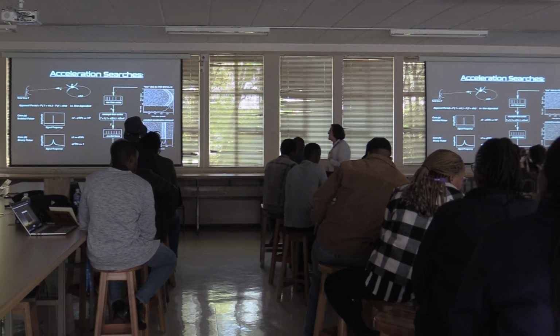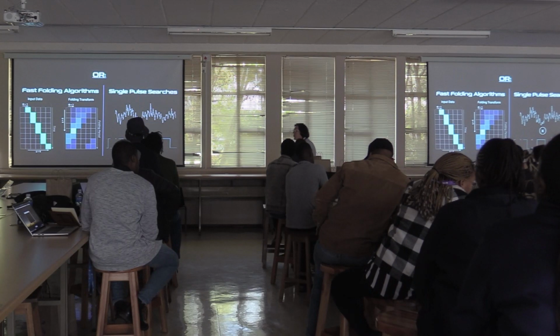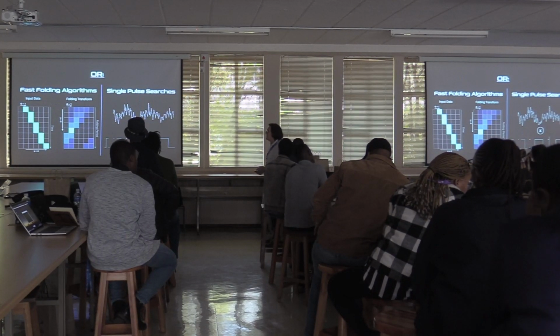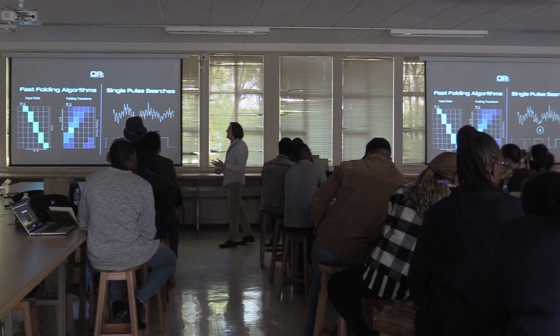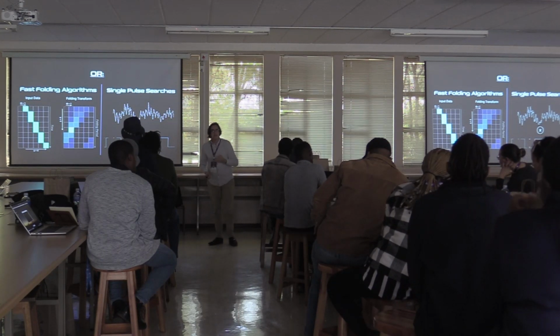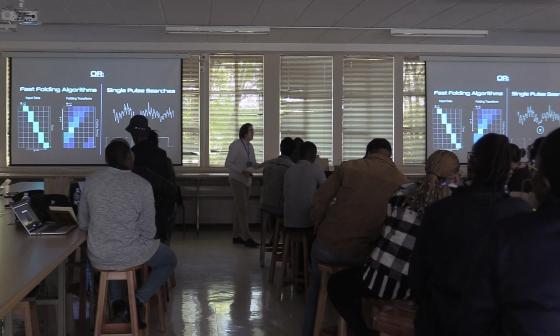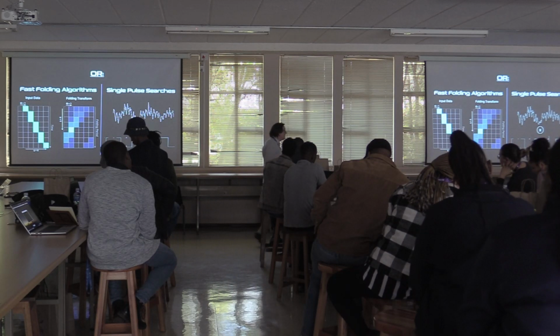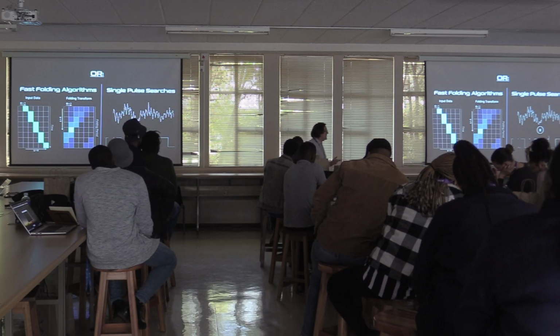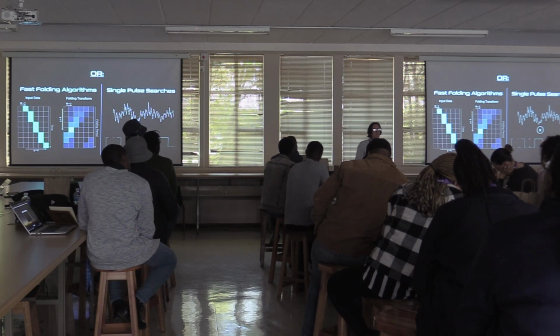So what I've described so far is one option to find pulsars. It is not the only way to find pulsars, and it does have a significant drawback, or really two drawbacks. The first is that obviously it's not very sensitive to pulsars that don't emit regularly.